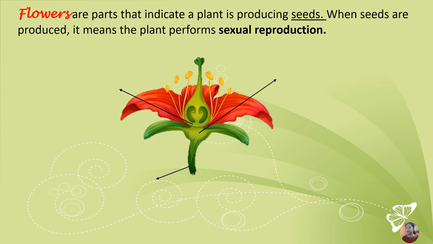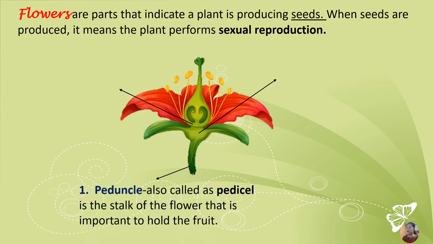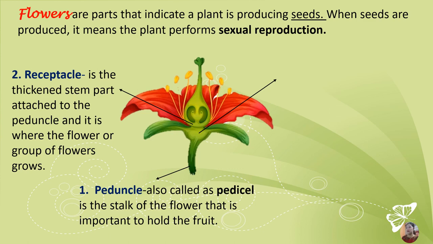The first part is the peduncle, also called pedicel. It is the stalk of the flower that is important to hold the fruit. Number 2, receptacle is the thickened stem part attached to the peduncle, and it is where the flower or group of flowers grows.